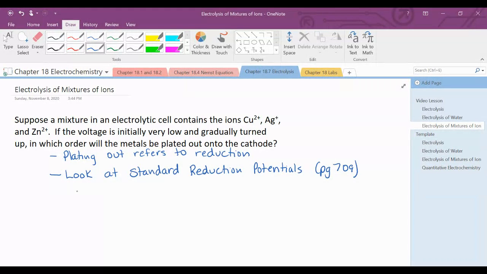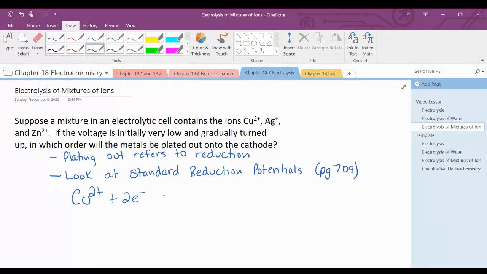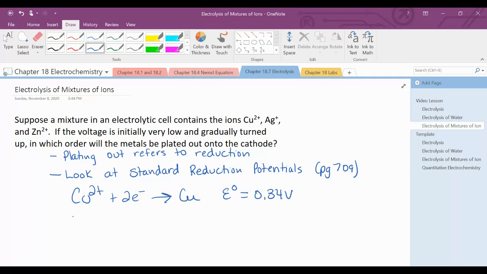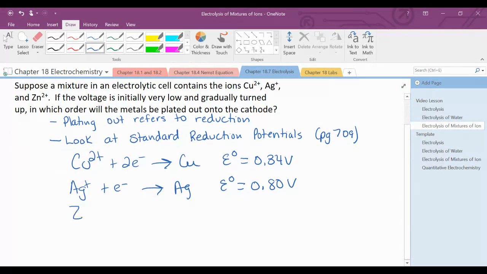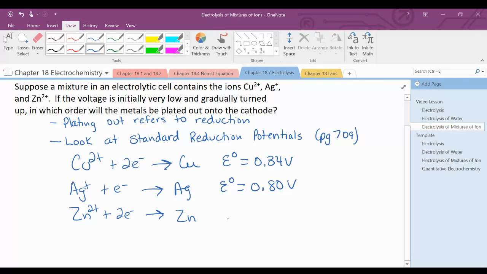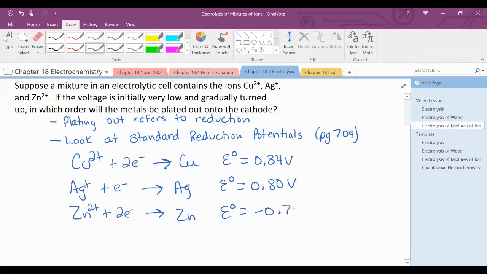For copper, it has a cell potential equal to 0.34 volts. For silver, it has a cell potential of 0.80 volts. And for zinc, it has a cell potential of negative 0.76 volts.